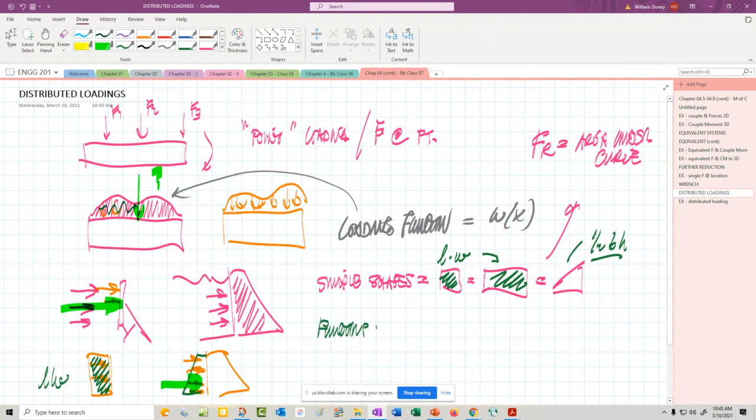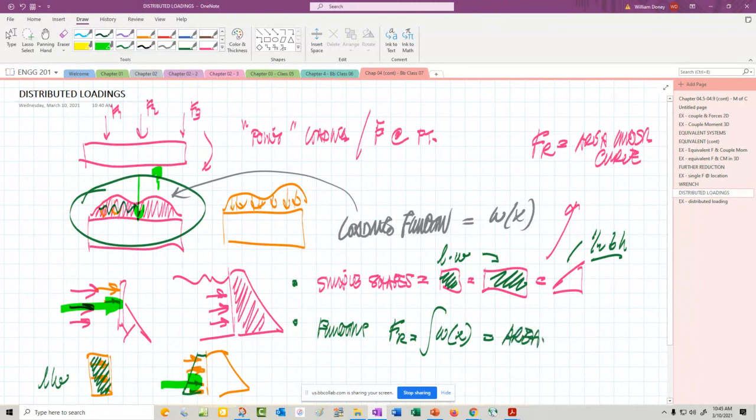But what if we have functions? So one type of function would be this. To get the resultant force, we have to integrate that function. And when we integrate that, we should know from calculus we get the area under the curve.